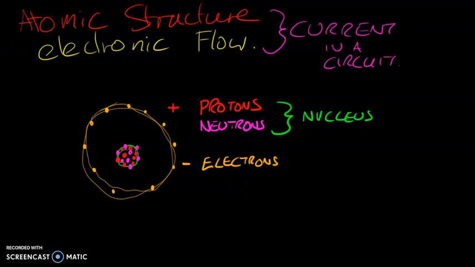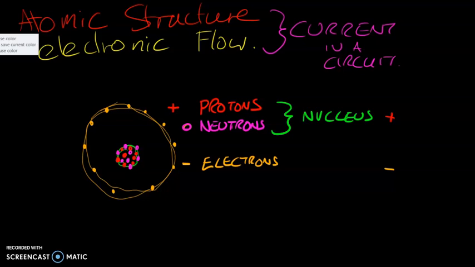So overall, the nucleus is positively charged and our electrons are negatively charged. Now the neutrons have zero charge, so there's no charge on a neutron at all. Okay, and the neutron is neutral, as the name suggests. So neutrons, neutral, protons, positive, electrons, negative.